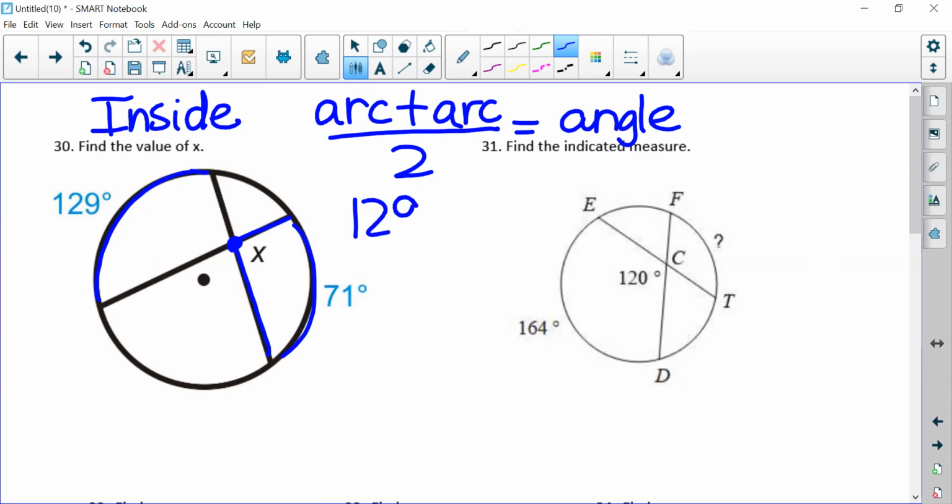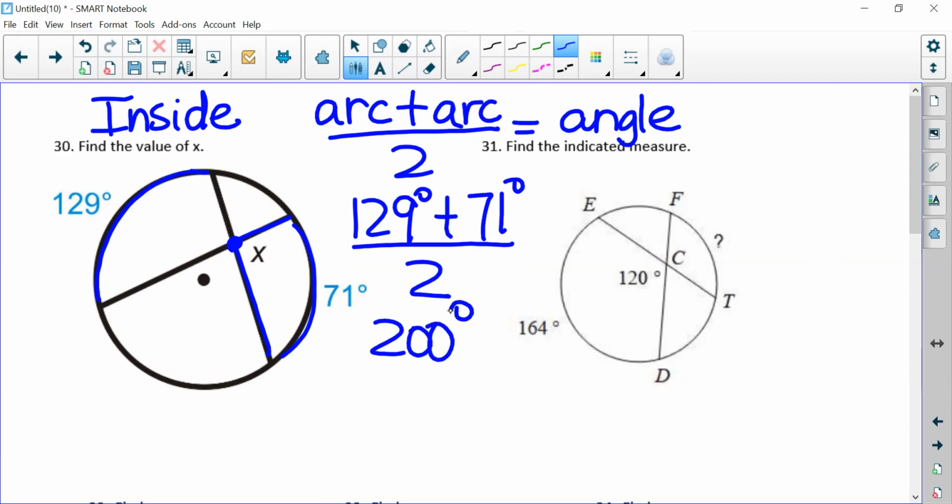So we do 129 plus 71 divided by 2, okay? Y'all, 129 plus 71 is 200, and then 200 divided by 2 is 100, which tells us that the measure of the angle here where you see X is 100, okay?